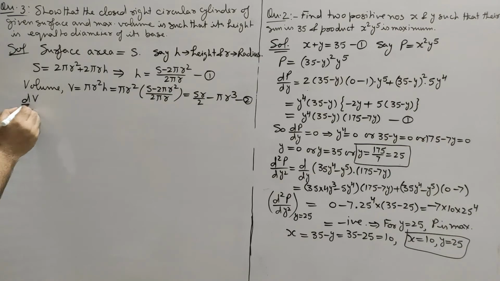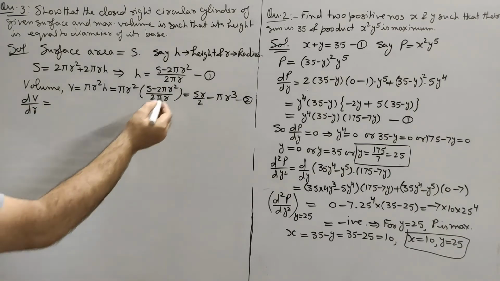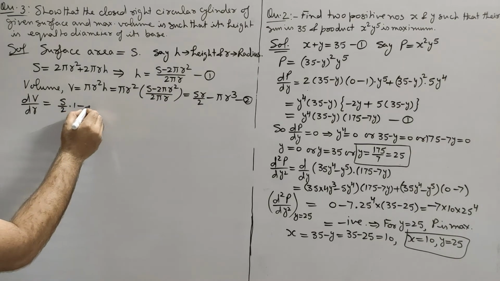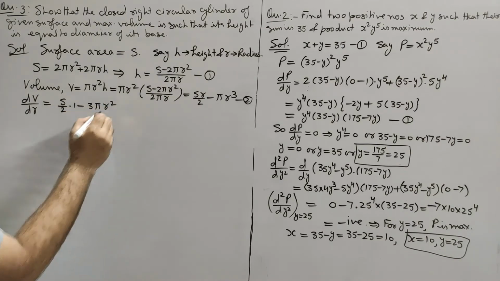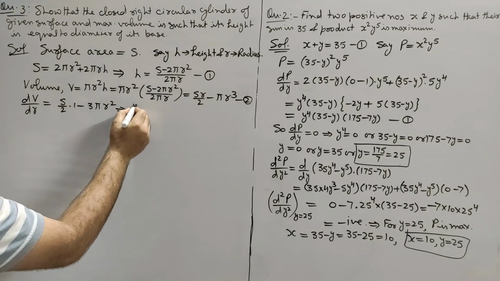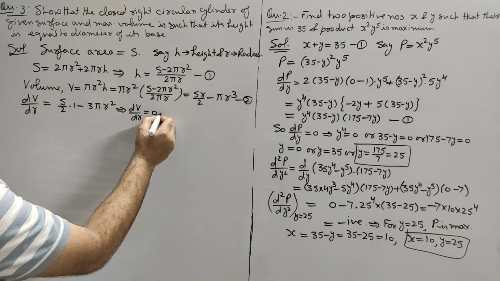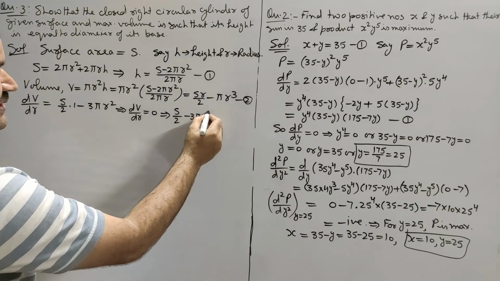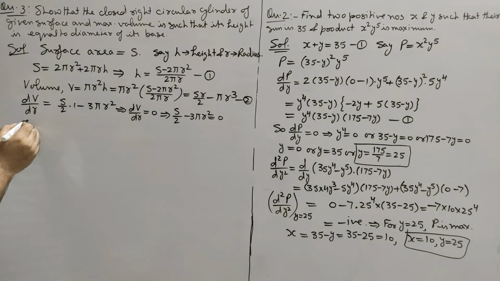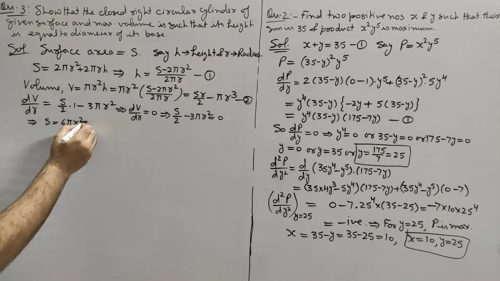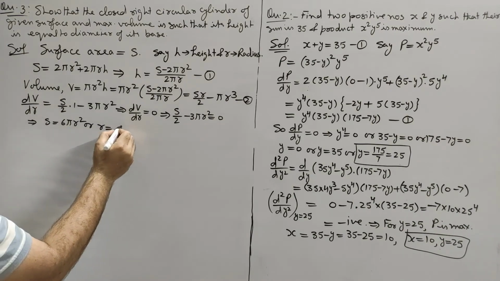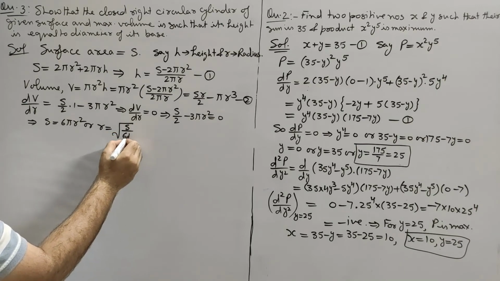So we will first find dV by dr. dV by dr will be S by 2, differentiation of r with respect to r will be 1, minus 3 pi r square, and this implies dV by dr is equal to 0, means S by 2 minus 3 pi r square is equal to 0, and this implies S is equal to 6 pi r square, or you may say r is equal to under root of S upon 6 pi.